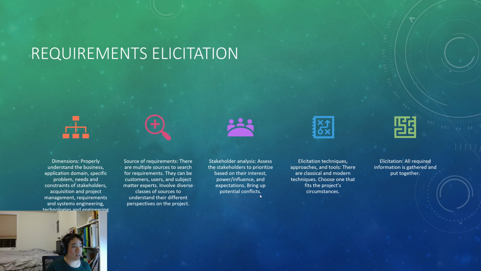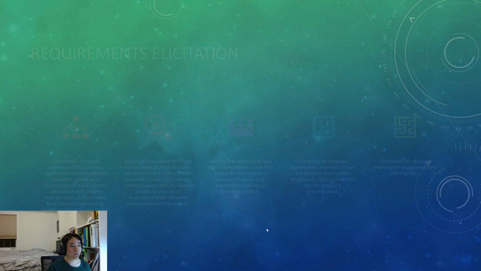The next is analyzing stakeholders. So you prioritize your stakeholders based on their interest, power or influence, and their expectations. Make sure you bring up potential conflicts too. Next you apply certain techniques into your elicitation, and finally you put everything together, and voila, you're done.